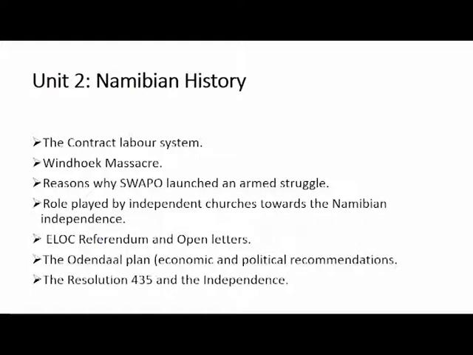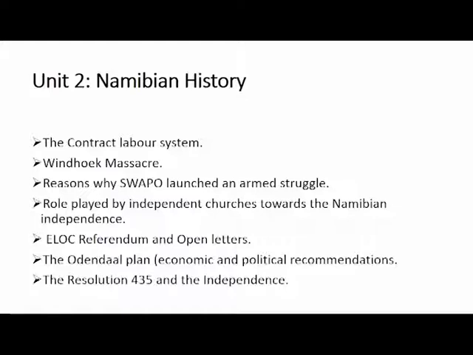In addition to the independent churches, we also have a referendum that was held by one of the independent churches, which is the IOL. This specific church, under Bishop Leonard Awala, held a referendum.